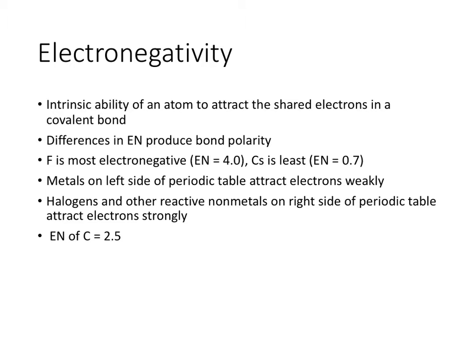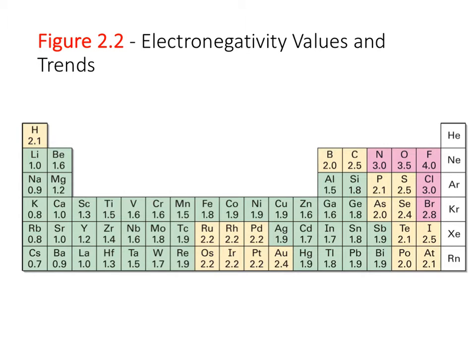Carbon, which is the foundation of organic chemistry, has an electronegativity value of 2.5. In comparison, fluorine has an electronegativity value of 4. The higher that value, the higher the electronegativity. Here is a table of electronegativity values. The higher the number, the more that element wants electrons.